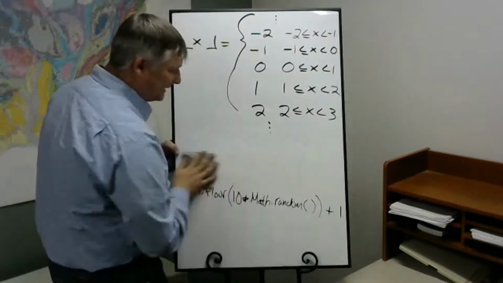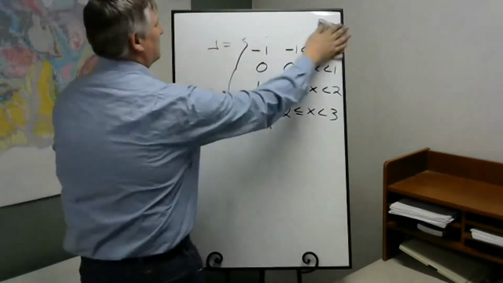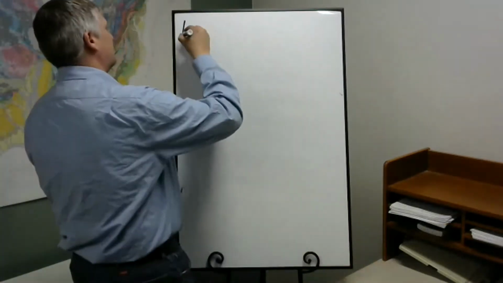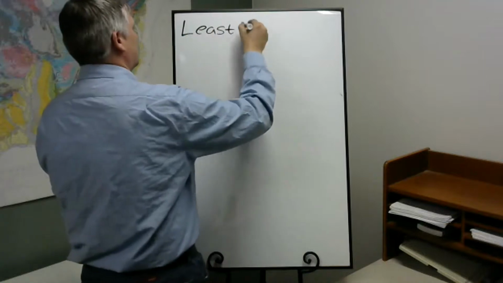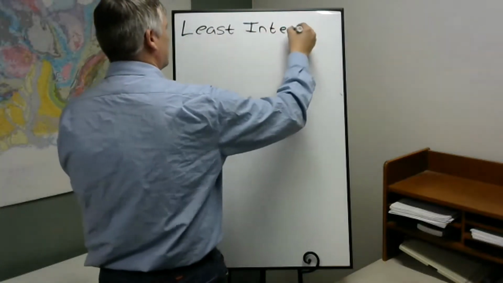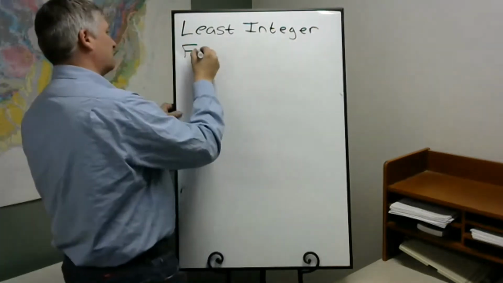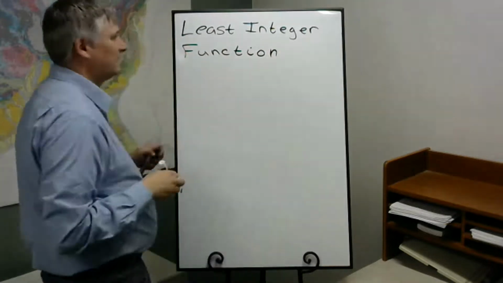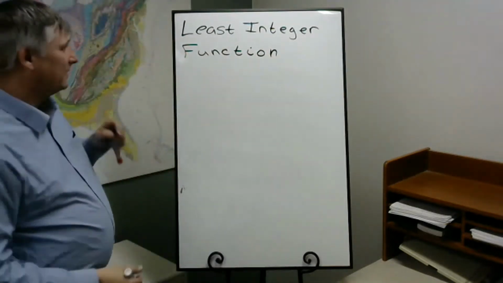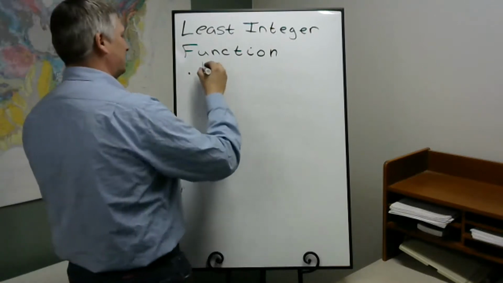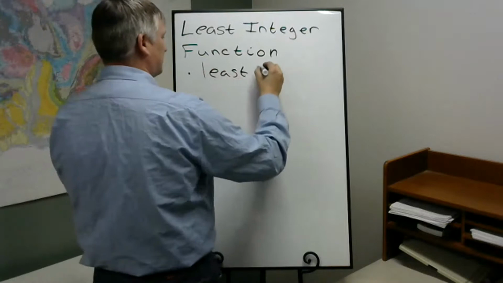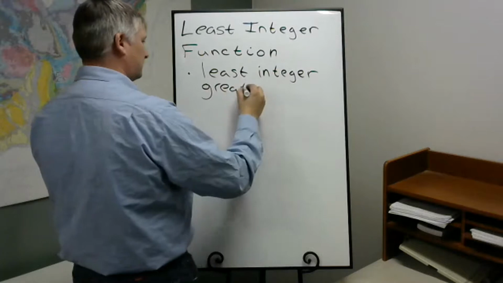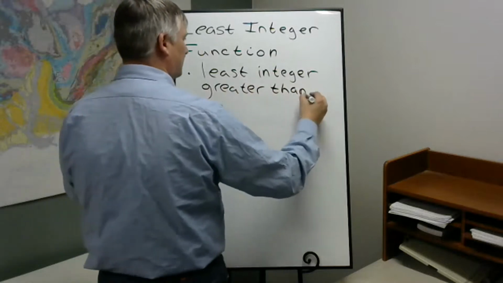So now let's take a look at the least integer function. So what the least integer function does, it's the least integer greater than x.